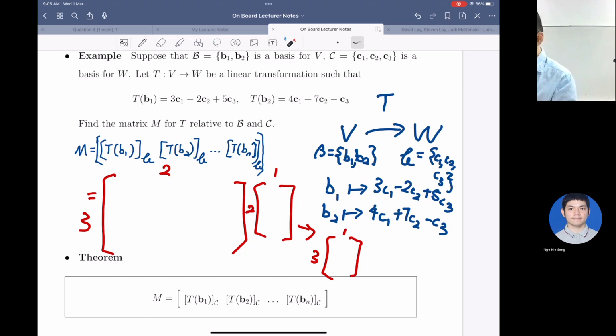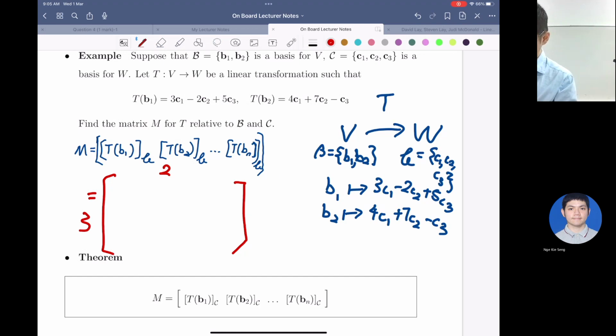Okay, so what is TB1 with respect to C? What's the coordinate of TB1 with respect to C?